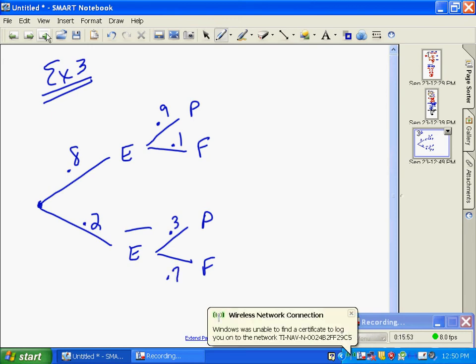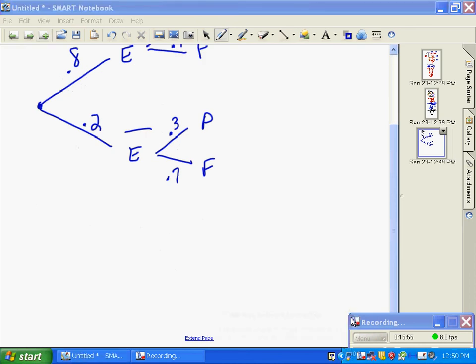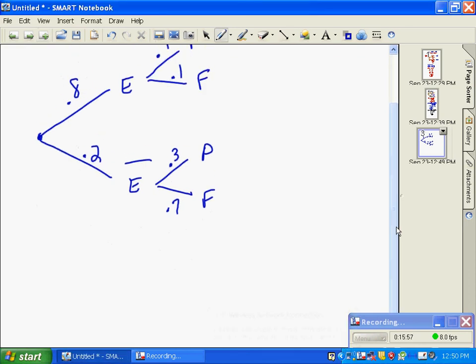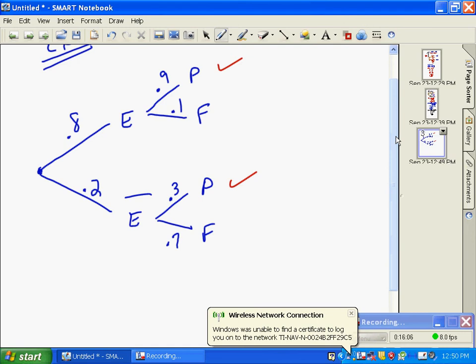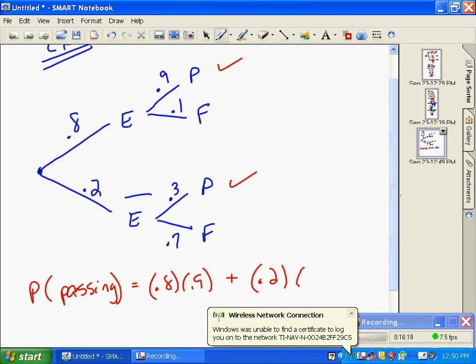Okay, so the first question, part A, says, what is the probability that the applicant will pass the admissions test? Passing the admissions test, I'm just going here on my check marks. I just need to do those two branches. So the probability of passing is going to be 0.8 times 0.9 plus 0.2 times 0.3.